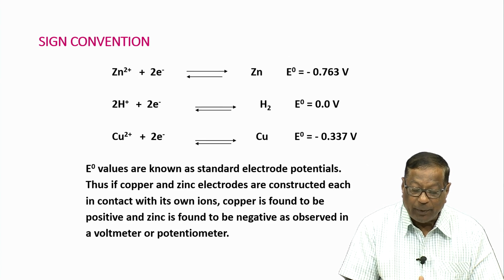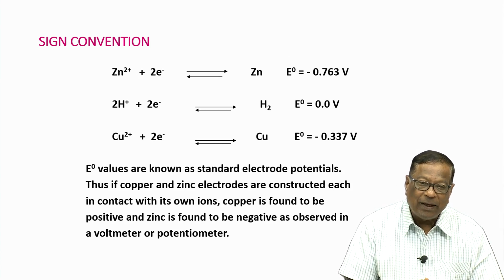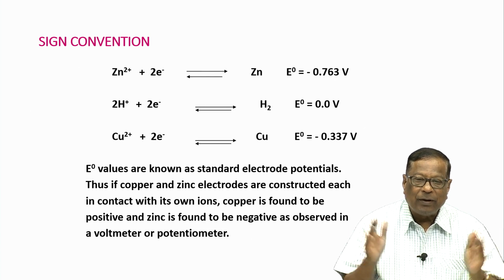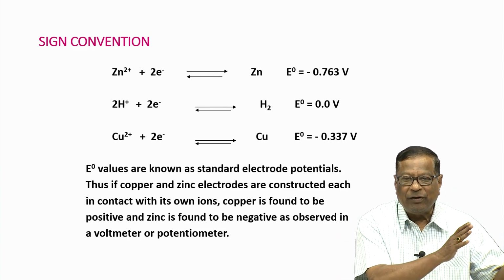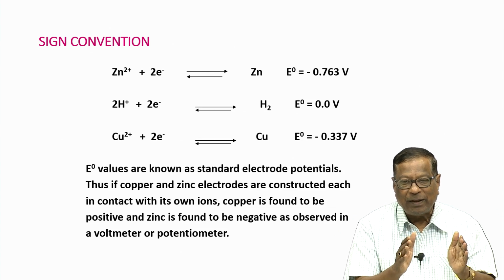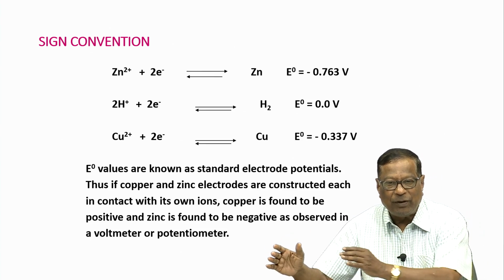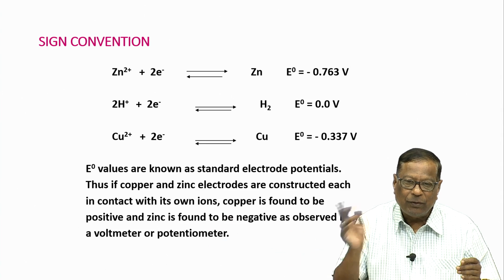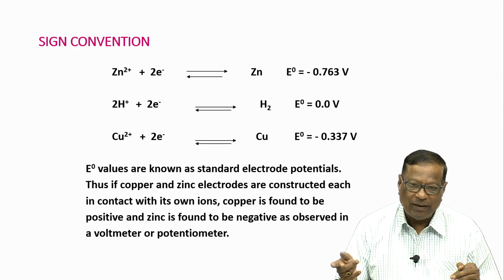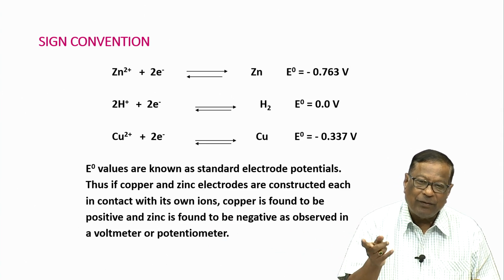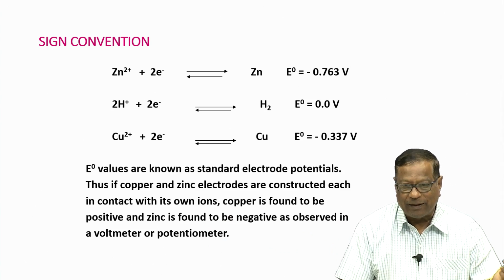Why? Copper is 0.337 volts, whereas zinc is minus 0.763. You construct a scale: minus 0.763, then come to 0, then positive values. So 0.337 is positive with reference to zinc.